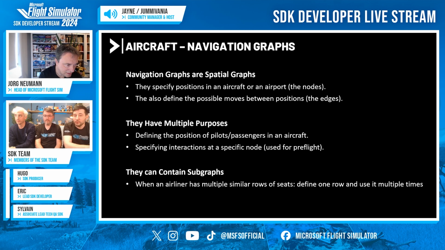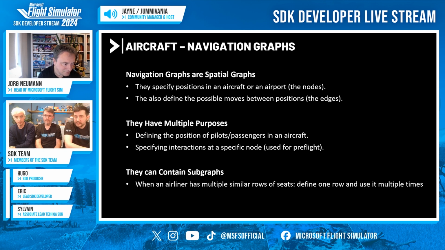For example, it's used to define the position of the pilot and of all the passengers. It's used to make the passengers navigate into the airport, for example, through the jetways. And I will give an example later about the skydive missions.